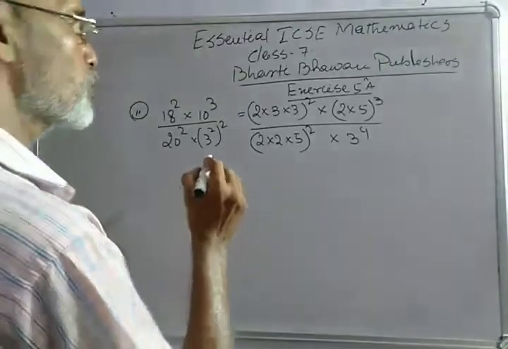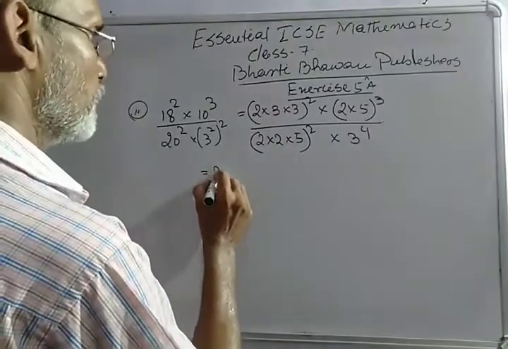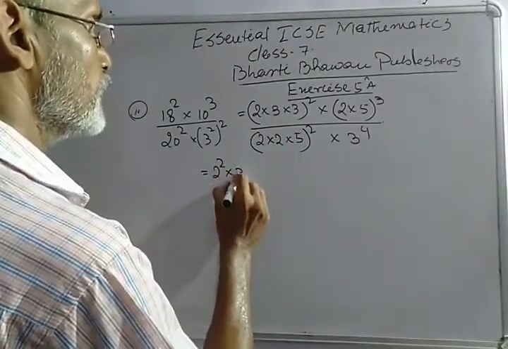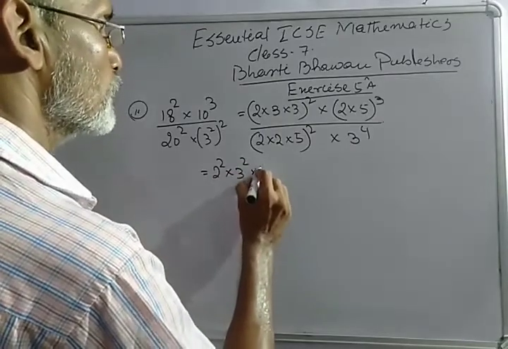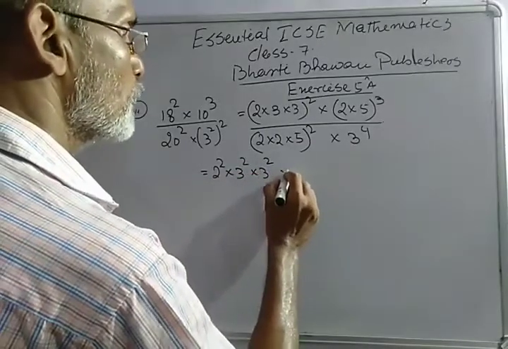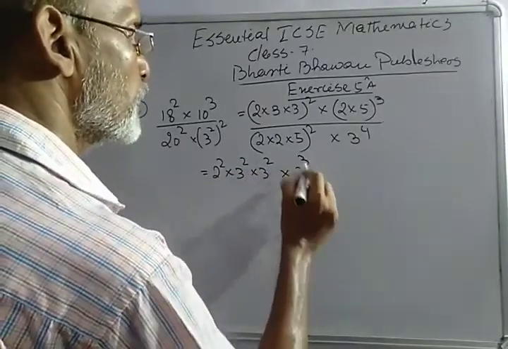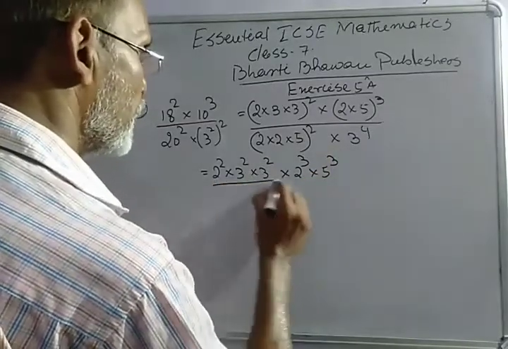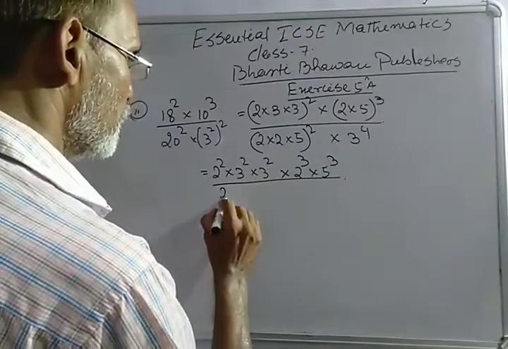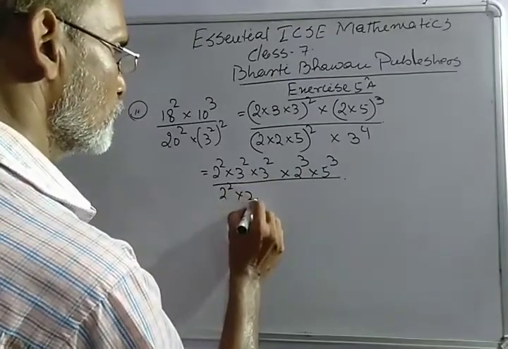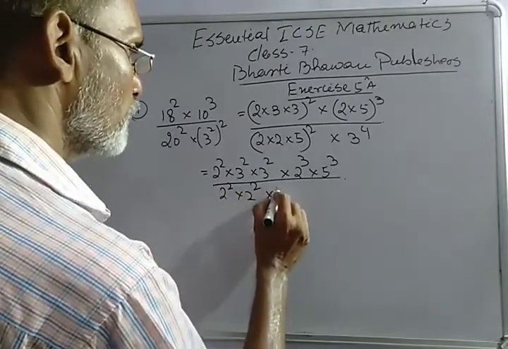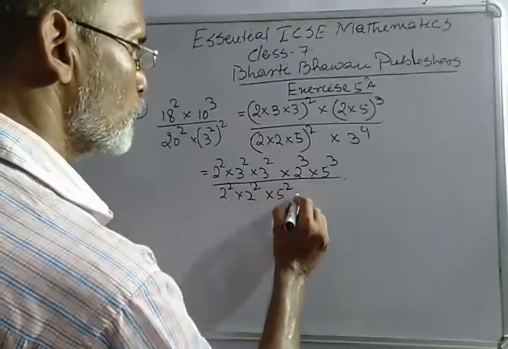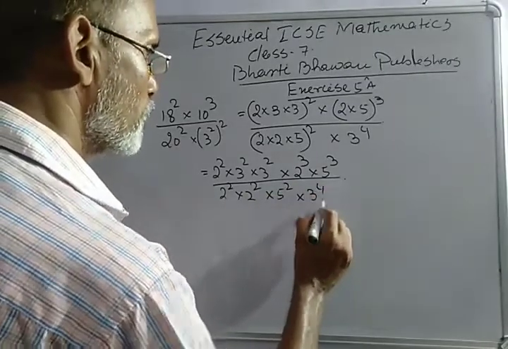Then this is equal to 2 to the power 2 into 3 to the power 2 into 3 to the power 2 into 2 to the power 3 into 5 to the power 3 by 2 to the power 2 into 2 to the power 2 into 5 to the power 2 into 3 to the power 4.